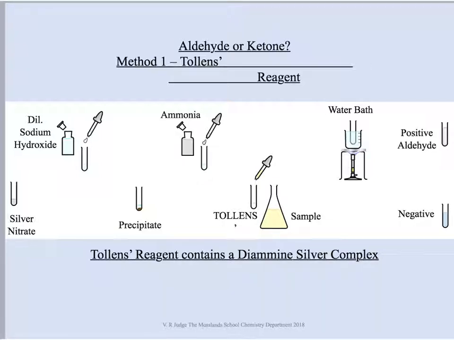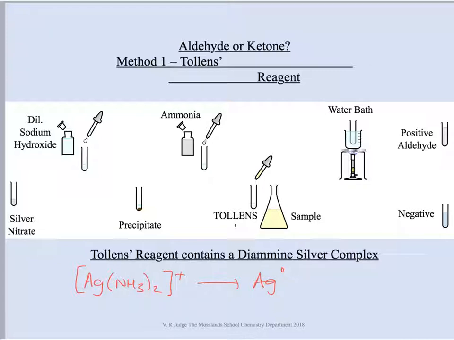So Tollens reagent, the active part of it, is a diamine silver complex. So it's silver with two lots of ammonia ligands with a positive charge. And the idea behind the Tollens reagent is that the silver in the diamine silver complex has a positive charge to begin with, but these ions become reduced to elemental silver during the process if Tollens is able to oxidise your sample.